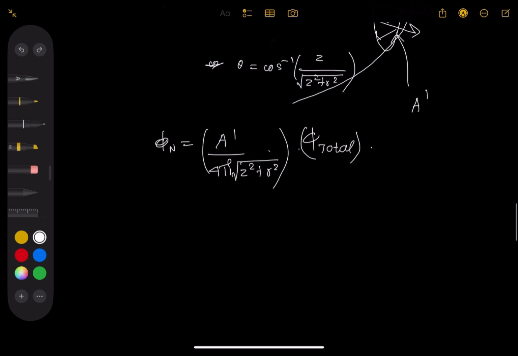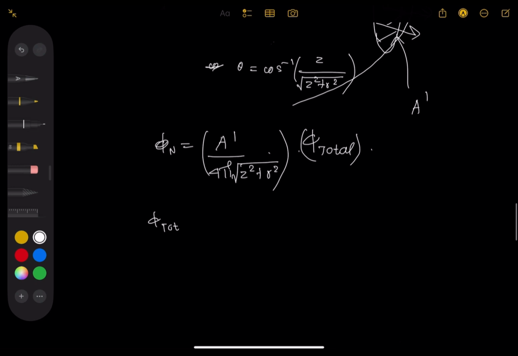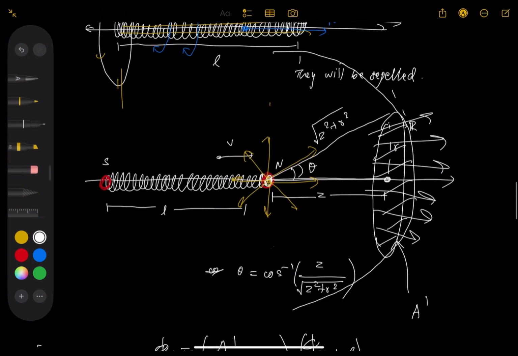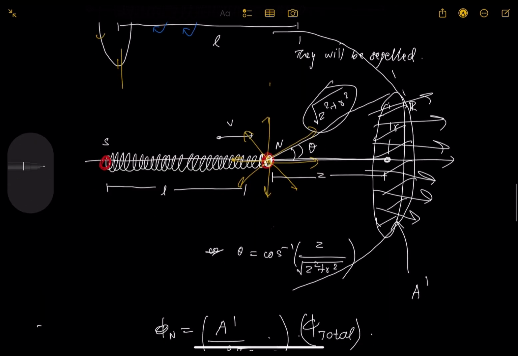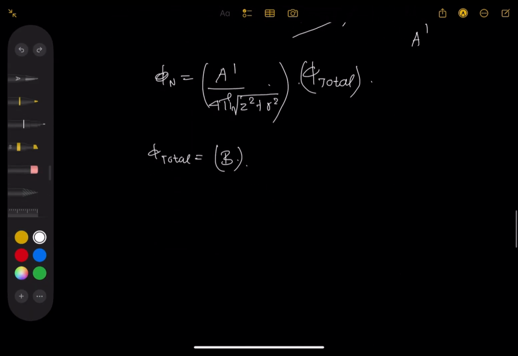So let's calculate these things one by one. What is this area and what is the total flux? Well, we have an easy expression for total flux. It's actually the magnetic field B, which is the same throughout the sphere. It's only a function of distance, and that distance is basically this radius, the root of z squared plus r squared, for that sphere.